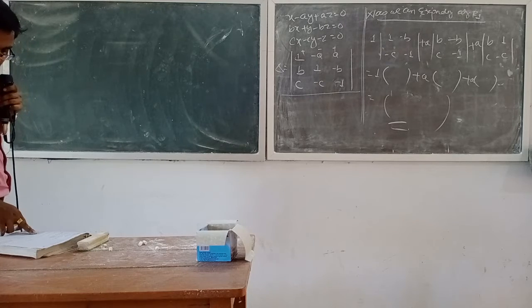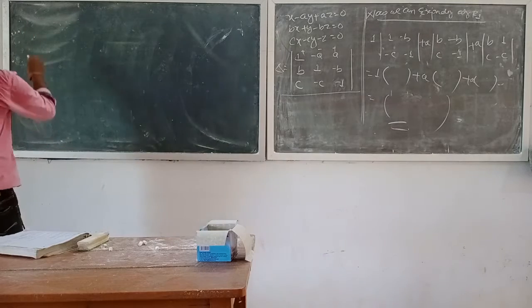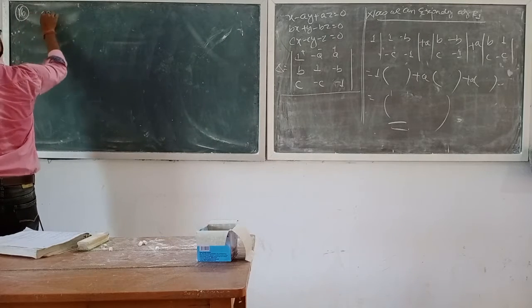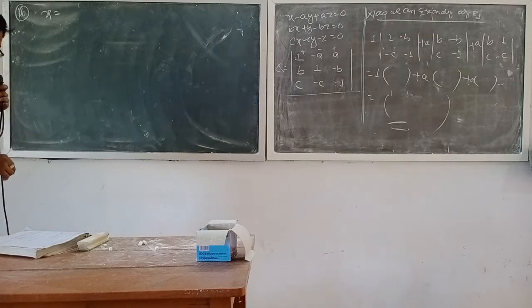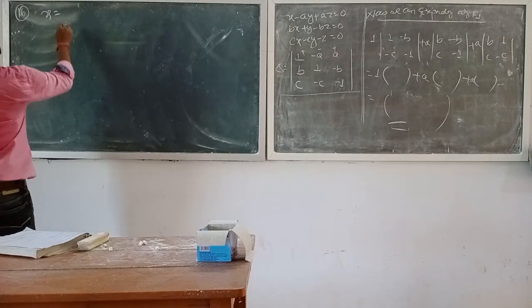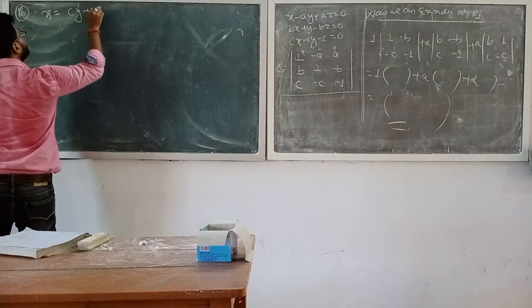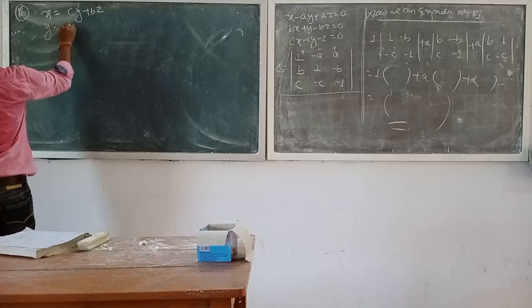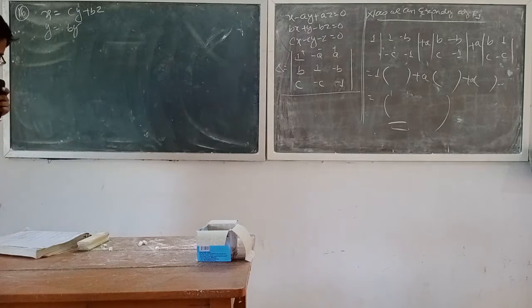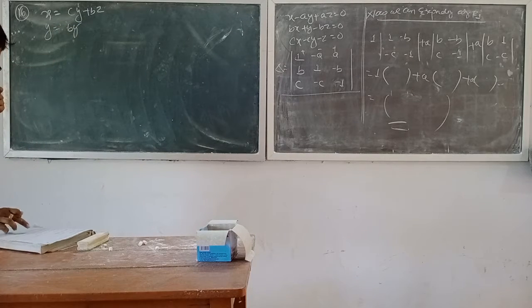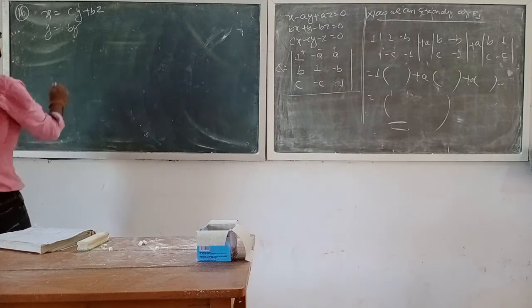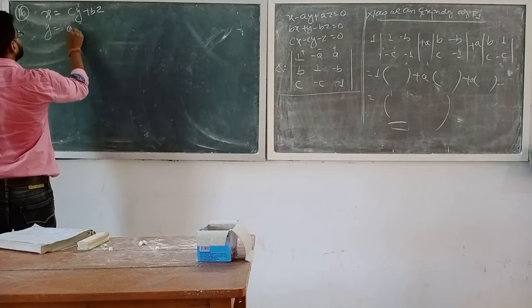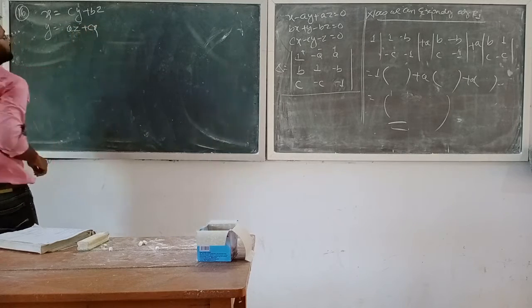Given the equation, question number 16: x is equal to cy plus bz, and another equation will be given, y is equal to az plus cx.